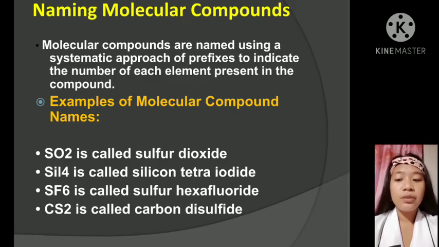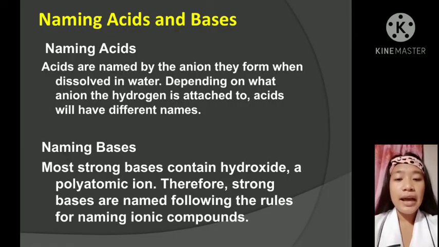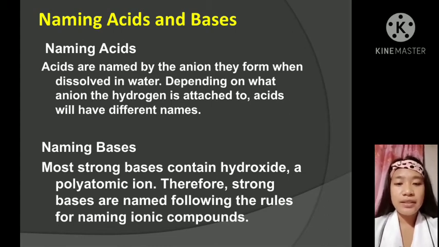Naming molecular compounds. Molecular compounds are named using a systematic approach of prefixes to indicate the number of each element present in the compound. Naming acids and bases. Naming acids. Acids are named by the anion they form when they dissolve in water.